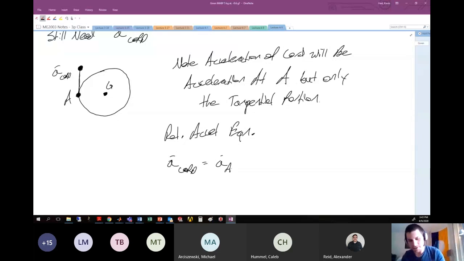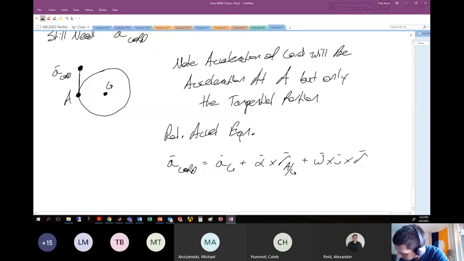So this is really the acceleration at G plus alpha cross the position vector locating A from G plus omega cross omega cross r locating A from G. And a reminder that this is my normal and this is my tangent.